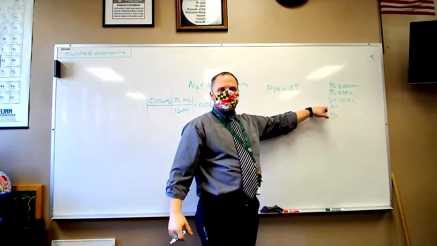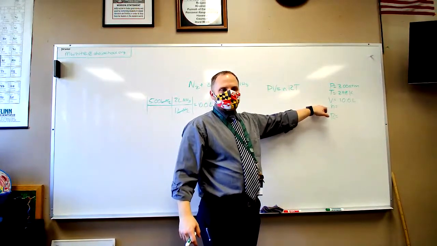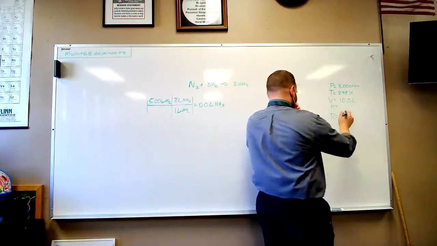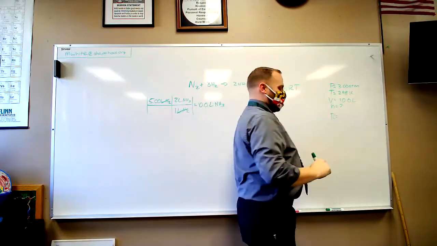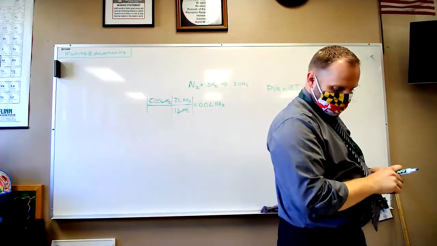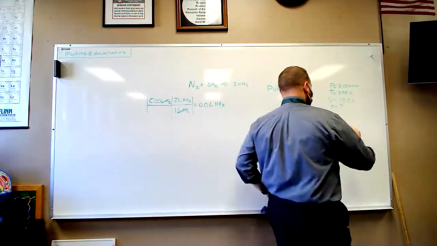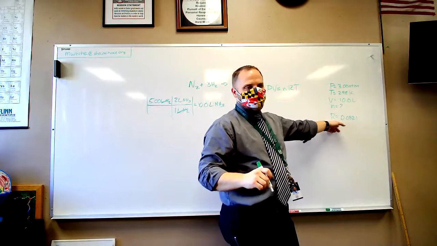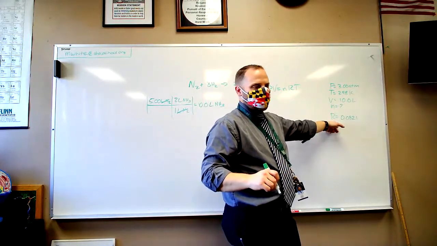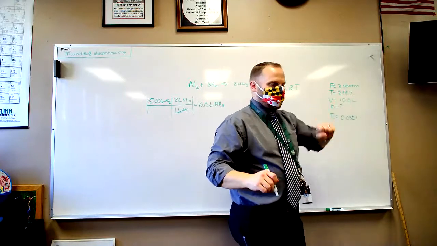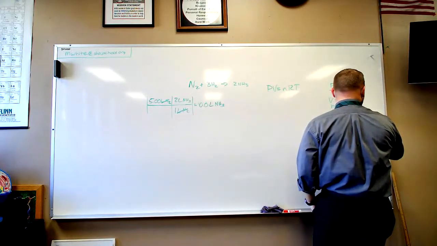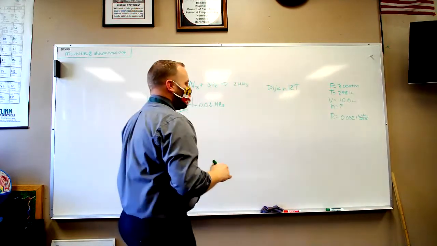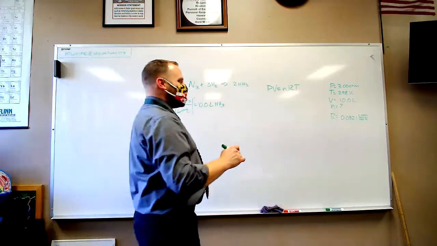Okay. What's n? Okay, so that's what we're trying to find out. And R. Okay. So why did we pick that value of R? Because the pressure is in atmospheres. Okay. Now we can rearrange for n.